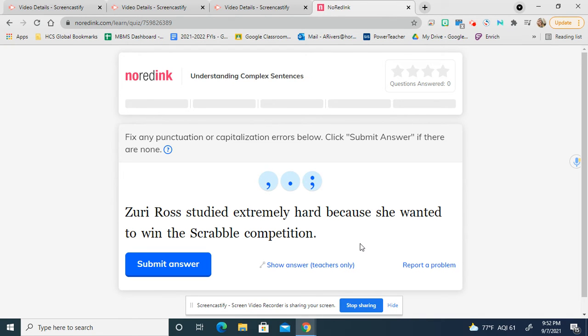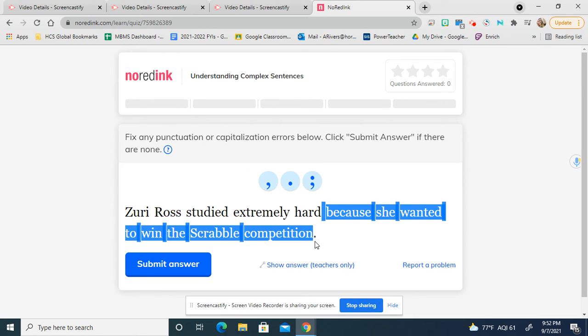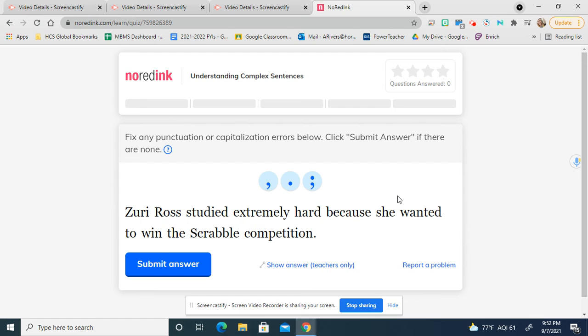Just to have a little teachable moment here, I do want to explain to you that this sentence could be rewritten, and it could say at the beginning, because she wanted to win the Scrabble competition, comma, Zuri Ross studied extremely hard. You can flip-flop where this subordinating conjunction is in a sentence as long as you follow the grammar rules.